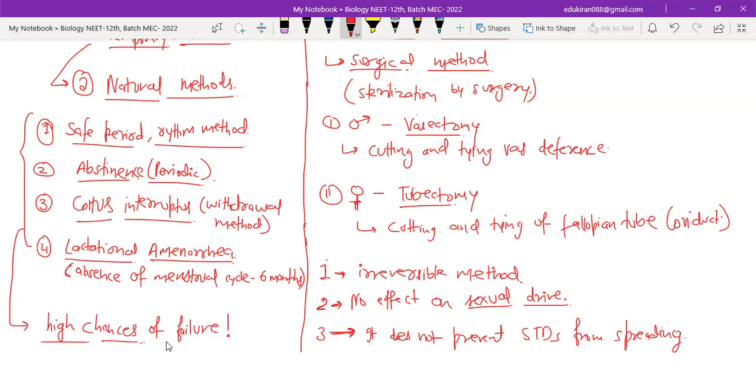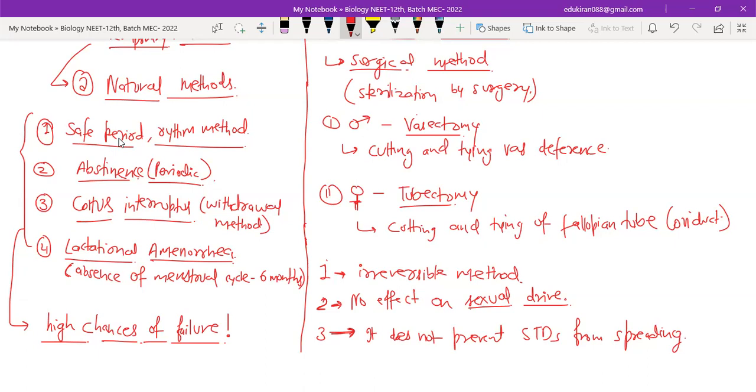Why? Because it is all very subjective. Like the safe period is subjective, the rhythm method is also subjective. In some females, the bleeding phase is only 3 days, right? So probably on the 6th day, the sperm can just be there and survive somehow. And if ovulation happens early, by any chance, or the second ovary also releases because of some issues.